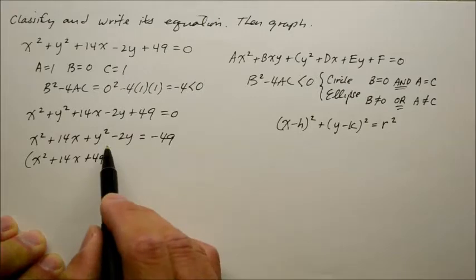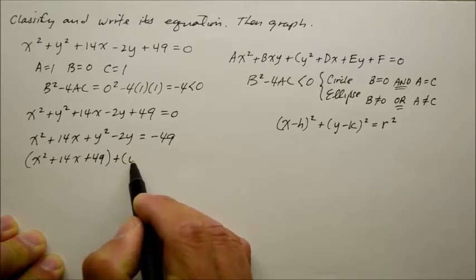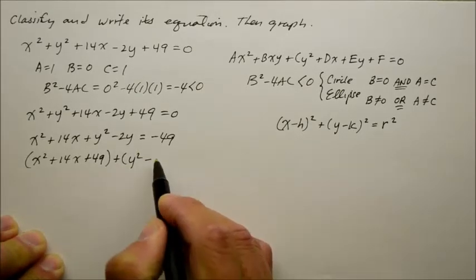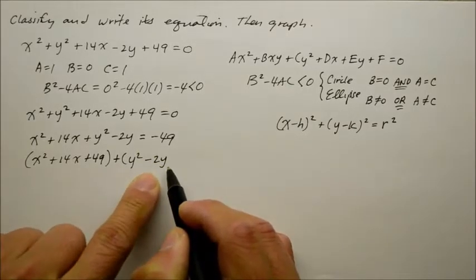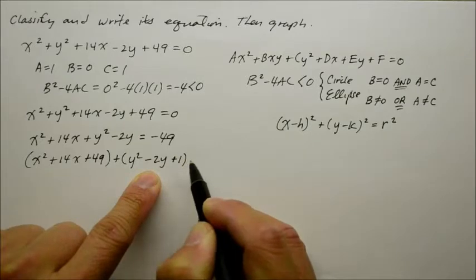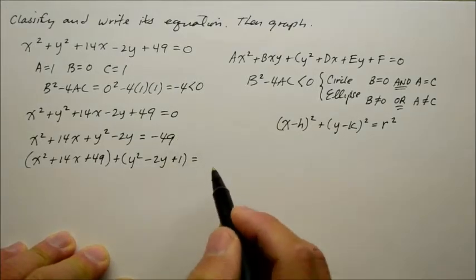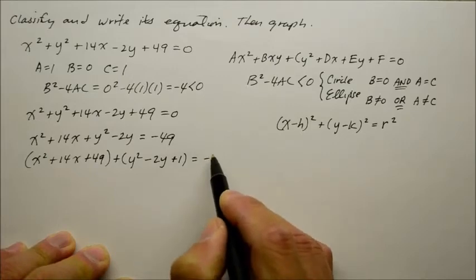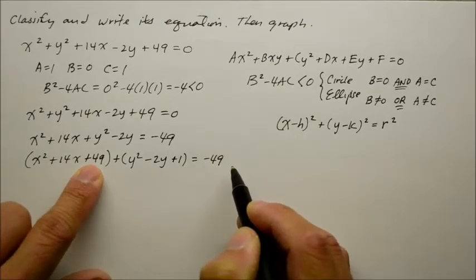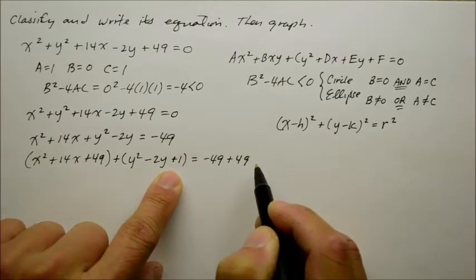But before that, let's also complete the square of the polynomial with the y terms. So plus y squared minus 2y. Now what's half of 2? It's 1. And 1 squared is still 1. So since I'm adding this 1, I'm going to add that to the right side as well. So the constant negative 49 was already there, plus the 49, plus the 1.